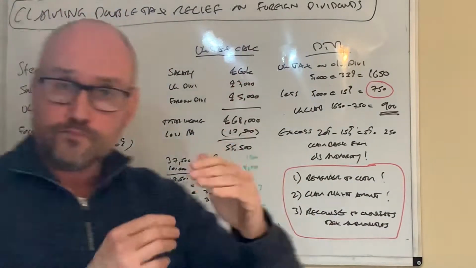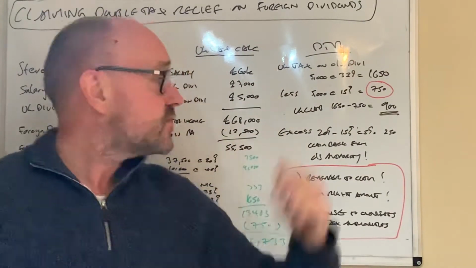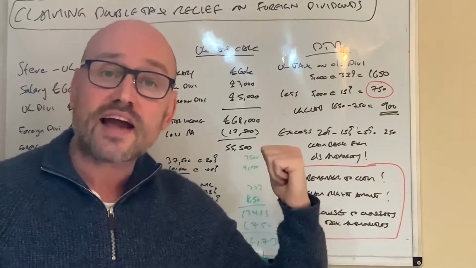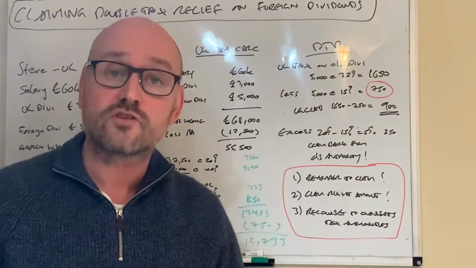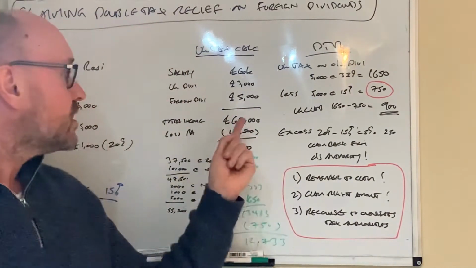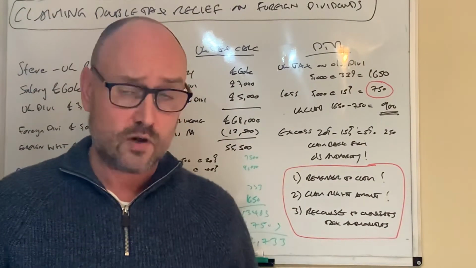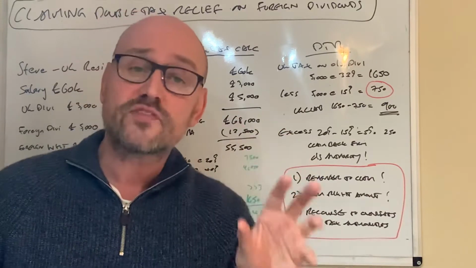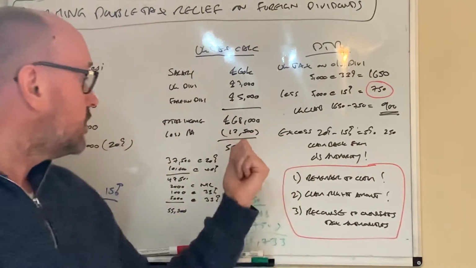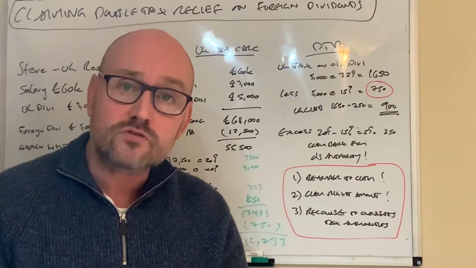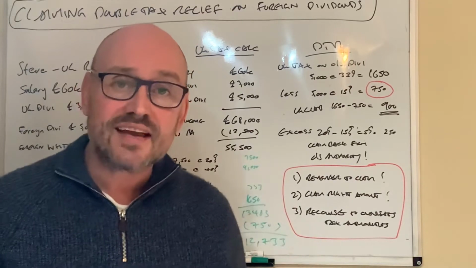So, stack all this income together: 60 grand salary, 3,000 of UK dividends, 5,000 of overseas dividends, 68 grand total income, knock off the personal allowance, 12.5 grand, left with taxable income of 55,500. How is that taxed?